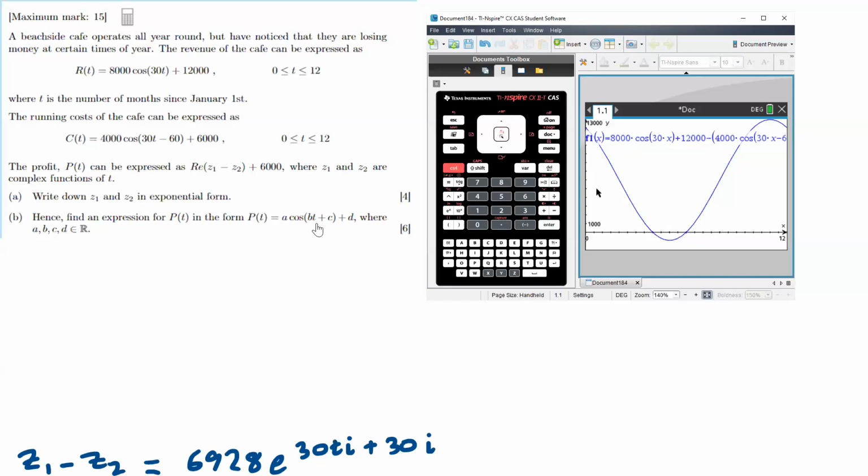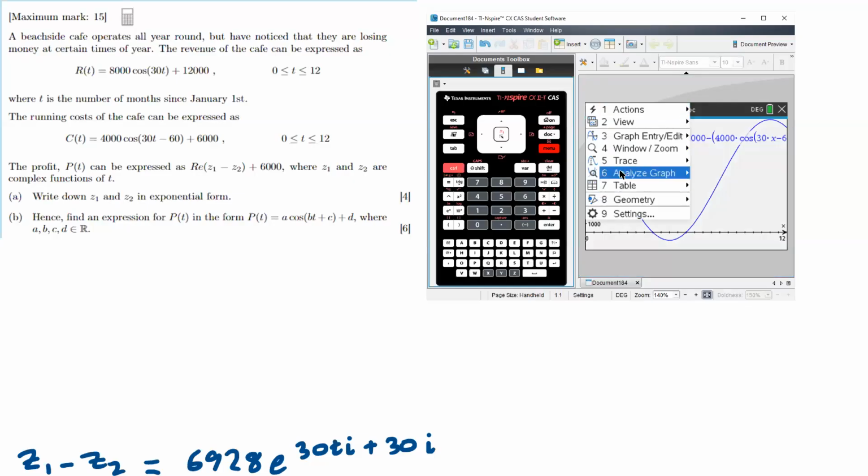The second straightforward thing is finding A, the amplitude of the function, as we do in AISL as well. The amplitude of a function is always the max value minus the minimum value, divided by 2. Yeah, max minus min divided by 2.